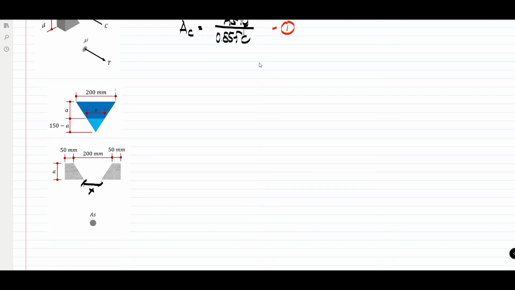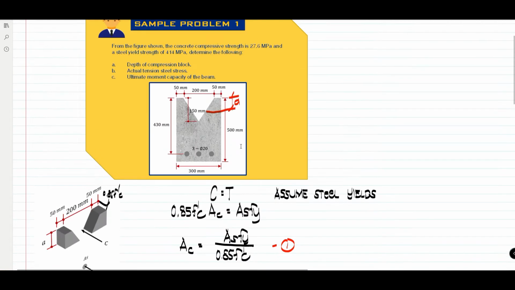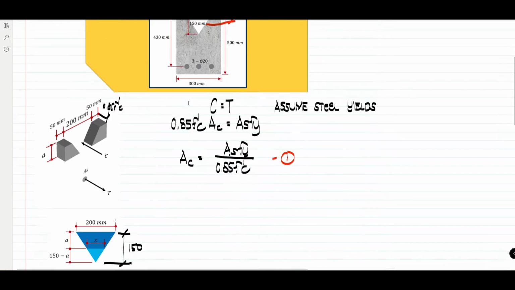Kasi alam natin that this side or this height is A as shown. Pero alam natin na yung buong height ng triangle na yan coming from our original figure is 150. So ito yung original figure natin, alam natin na yung height na yun is 150.